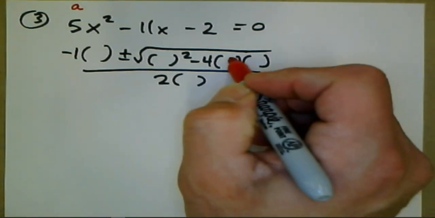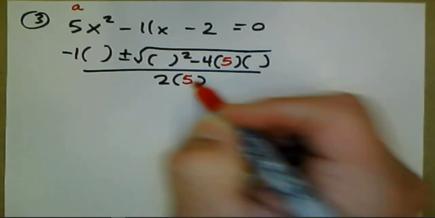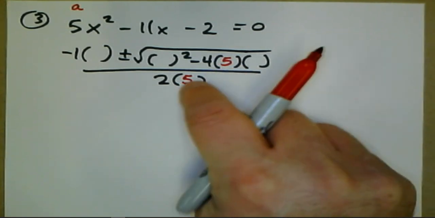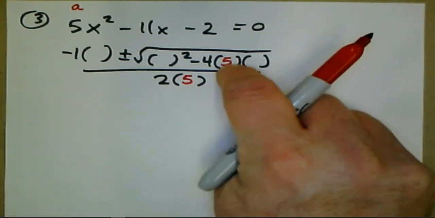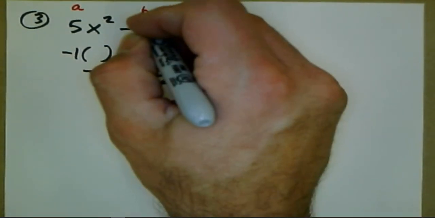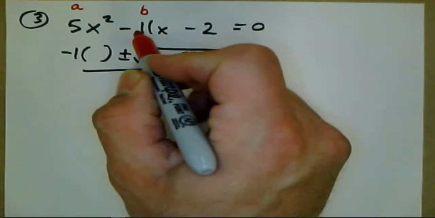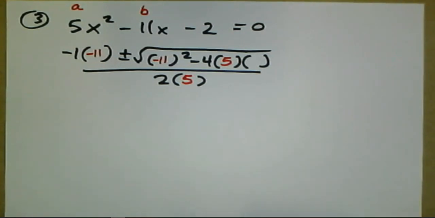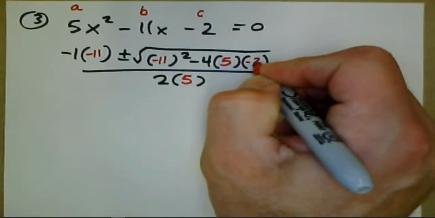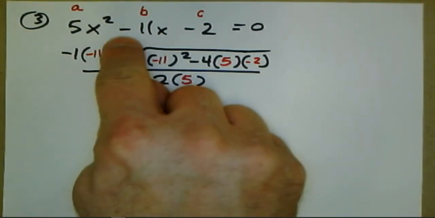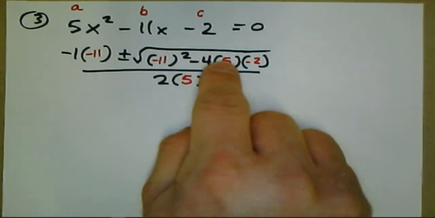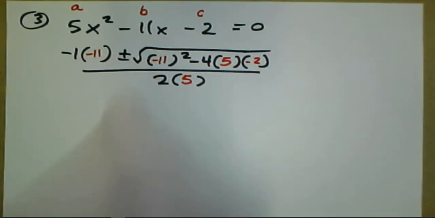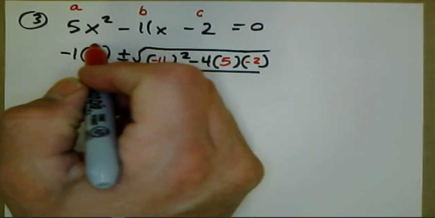So the a value is here, that's 5, and down here, next to the 4 and the 5, those are the a values. The b value is next to the x, it's negative 11, that's the first one and the second one. And the c value is negative 2. Please remember to take your minuses as negatives. If you don't, it's all going to be wrong.